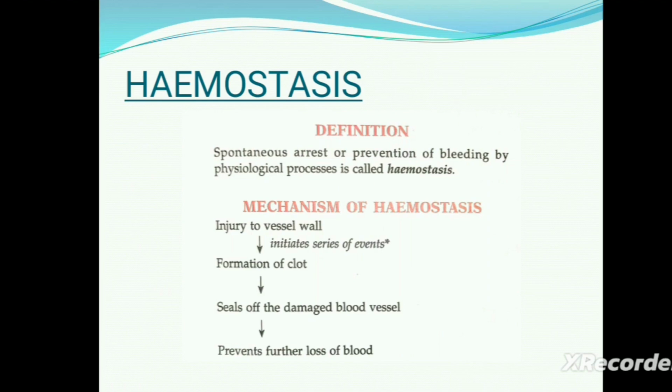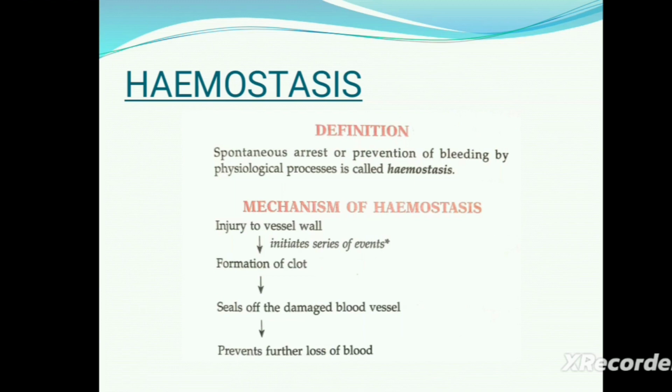Okay, so let's begin today's topic. First of all, what is hemostasis? Okay, wait. It's hemostasis, not homeostasis. Don't get confused between hemostasis and homeostasis. Let me clear this out. Hemostasis means stopping of bleeding from any wound, which is often the first stage of wound healing.